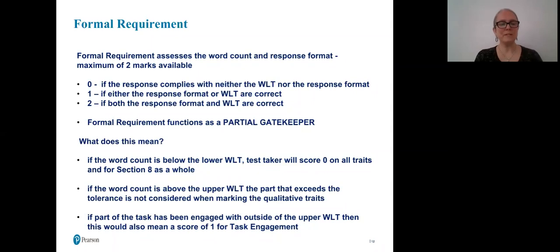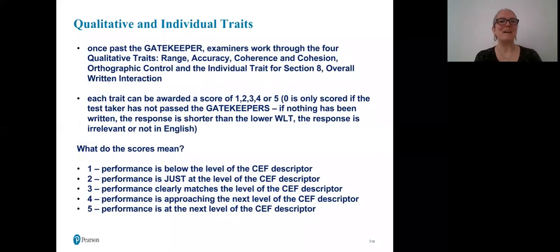And this can also have a knock-on effect on task engagement, because if one of the content bullet points has been addressed outside the upper word limit, then we would only be able to award a partial score for task engagement. So I hope that that makes sense. Let's move on now to the qualitative and individual traits.